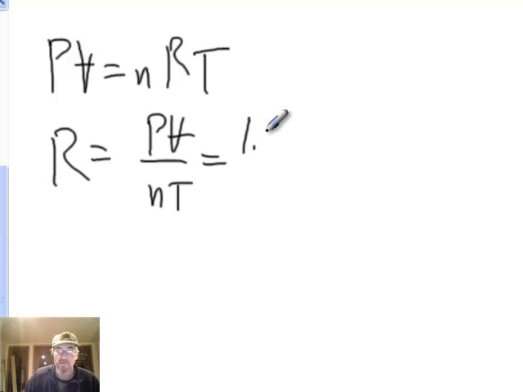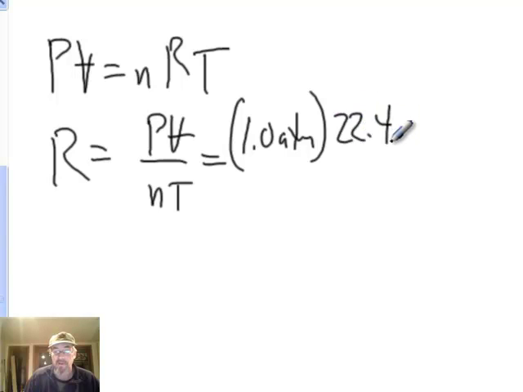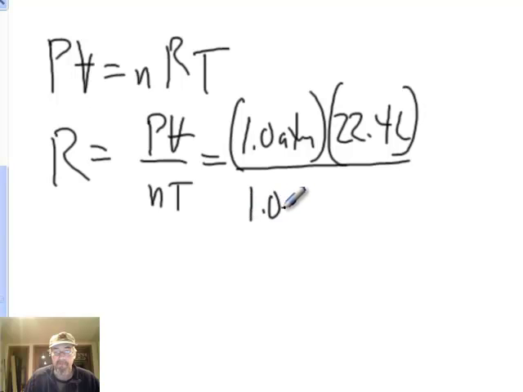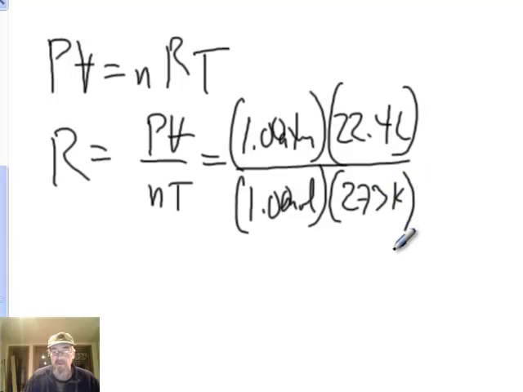The standard pressure is 1.0 atmospheres. The standard volume, well, that's 22.4 liters if number of moles is 1 mole. And the temperature would be standard temperature, and that's 273 kelvins.